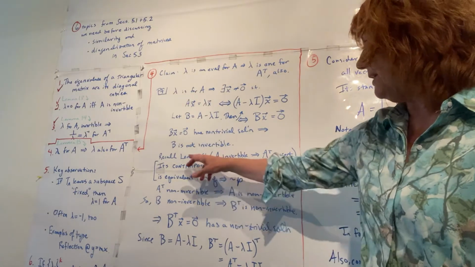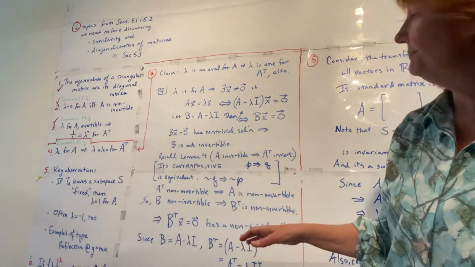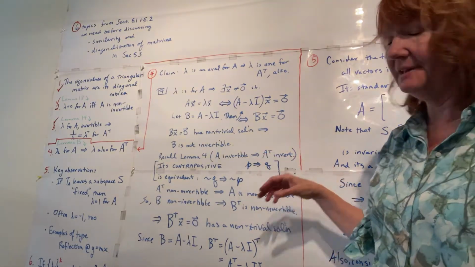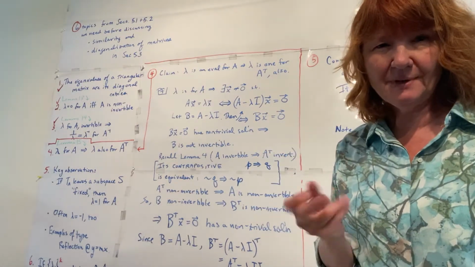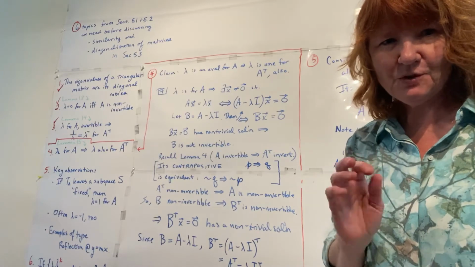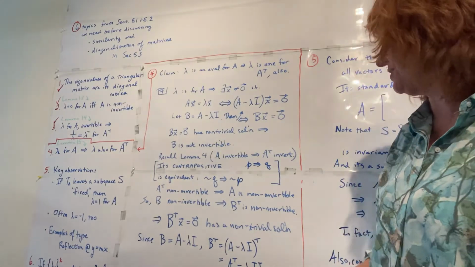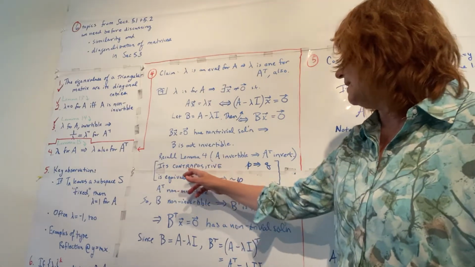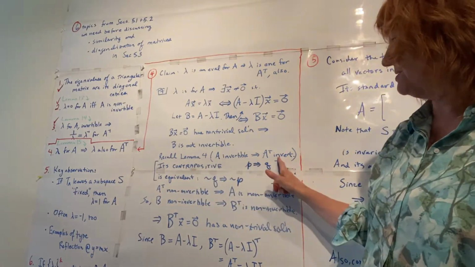All right, so now I want you to recall lemma 4. That said if A is invertible, then its transpose is invertible. Another one of those really cute little statements with a short, sweet proof that is a good exam question. Make sure you can prove that, right? That is a statement P implies Q, right?